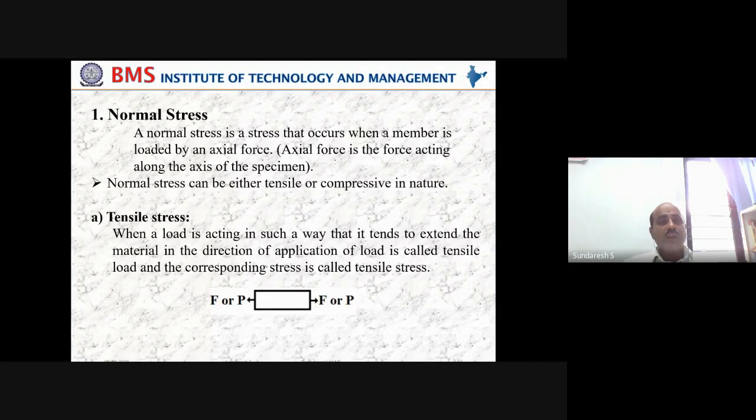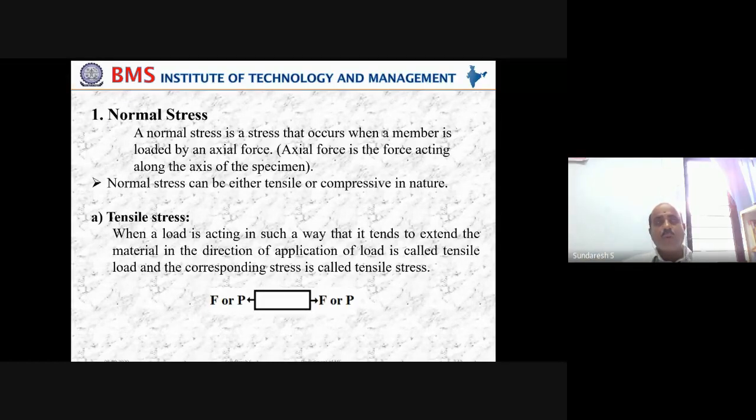Please remember, finally we have to keep the volume constant, right? Therefore, when the length increases, automatically its lateral dimension, that is the diameter, will decrease.